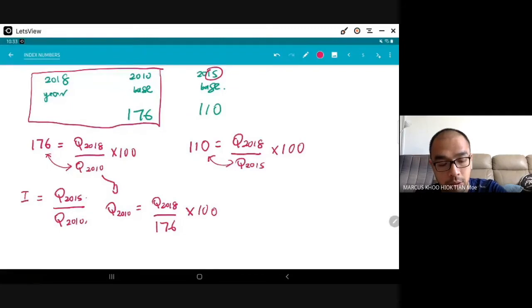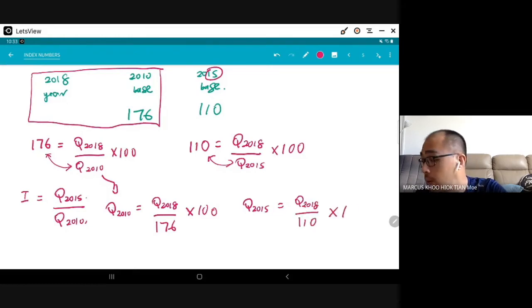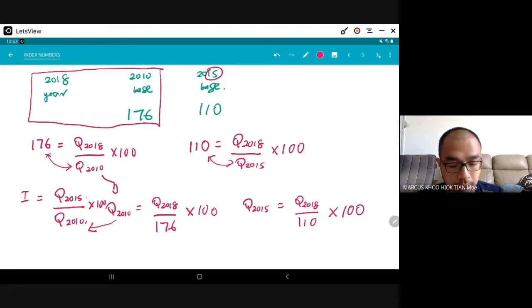And then this one will be Q 2015 equals 2018 over 110 times 100. Oh sorry, this one still needs to times 100 now. So we put the 2010 over here and we put the 2015 on top over here.